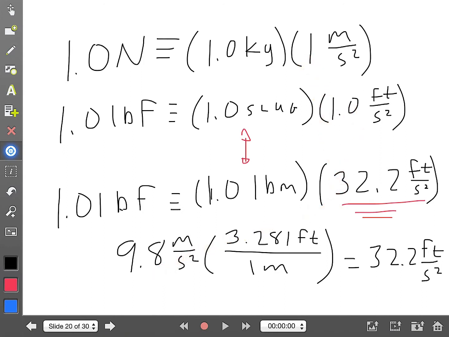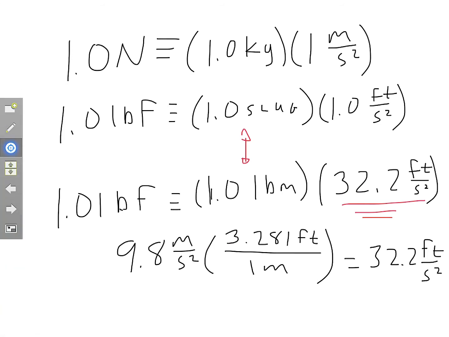So this quantity here is the acceleration of gravity, just like 9.8 meters per second squared is. So pound mass provides a 1 pound force if it's being accelerated at the acceleration of gravity. So pound mass is kind of a tricky definition for mass.